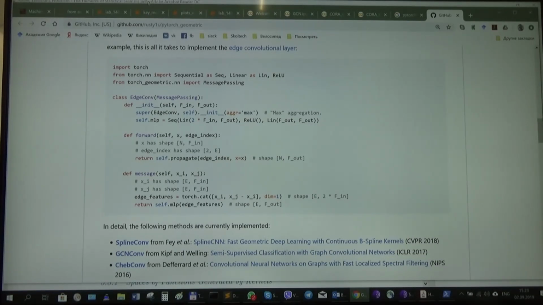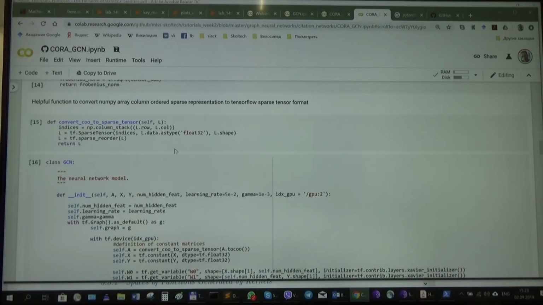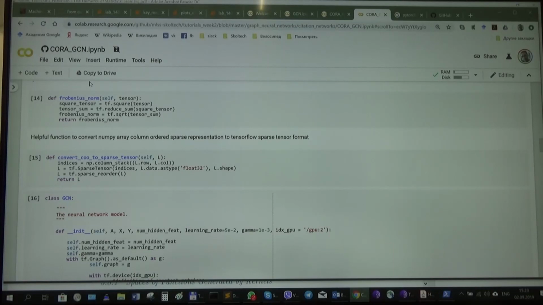For example, if you're running this core GCN in CPU mode, it actually takes some time to compute, because the operation of sparse-dense multiplication takes some time to reallocate the memory and move things to the GPU.